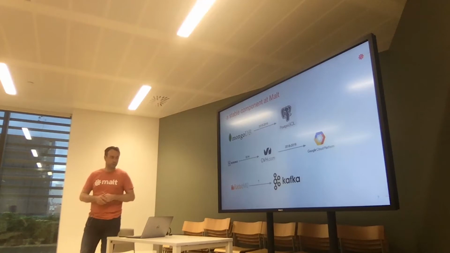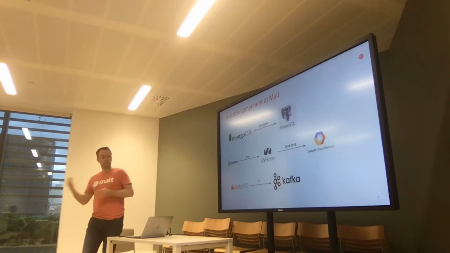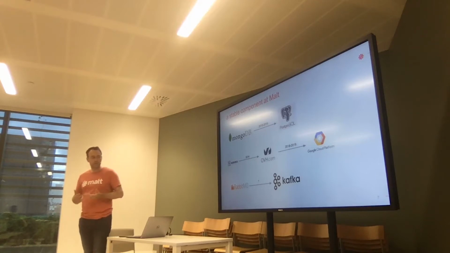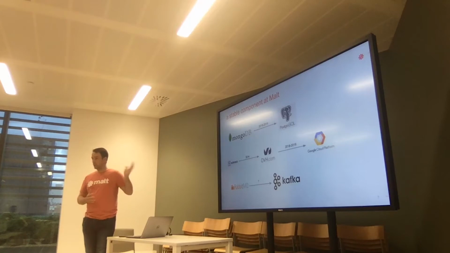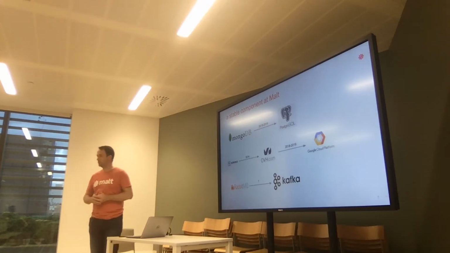Heroku in 2014 was removed to use a dedicated server, and now we are using Google Cloud Platform. And RabbitMQ, we are still questioning ourselves. We are still using it, but we maybe plan to move to Kafka. But Elasticsearch is still there, and we didn't plan at all to move from it.